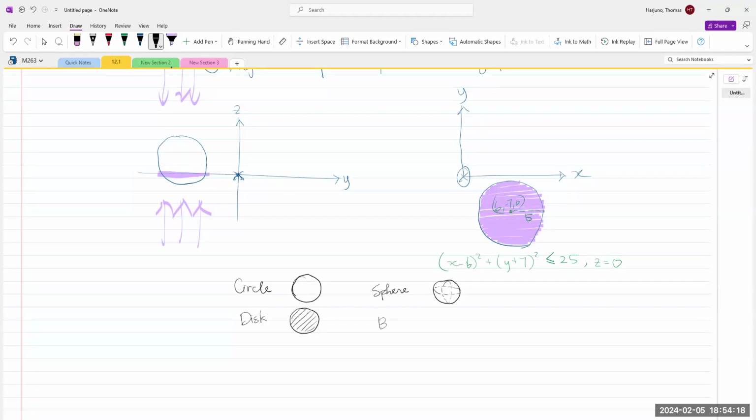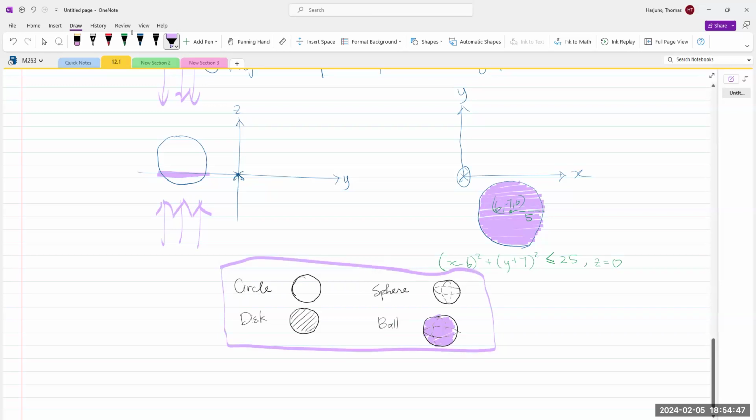A ball is a sphere with all the interior. Okay, that's some little definition. So when you say sphere, it's just the skin. When you say circle, it's just the perimeter. When we say disk, it is the circle with the interior points.